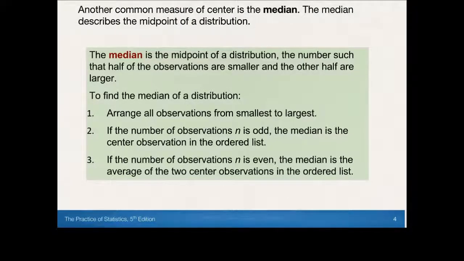To find the median of a distribution, we arrange all of the observations from smallest to largest. If the number of observations is odd, the median is the center observation in the ordered list. If the number of observations is even, then we find the mean, or the average, of the middle two.